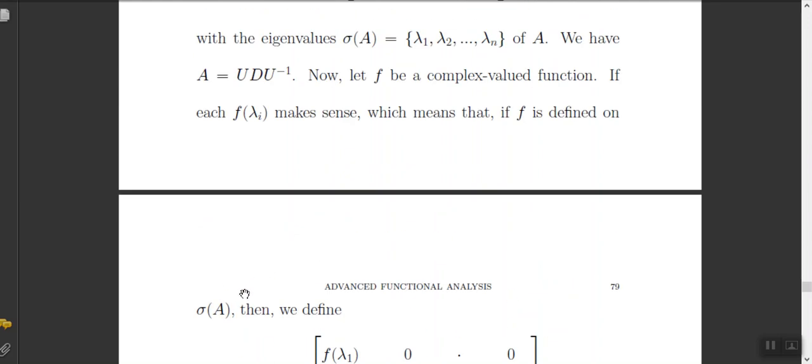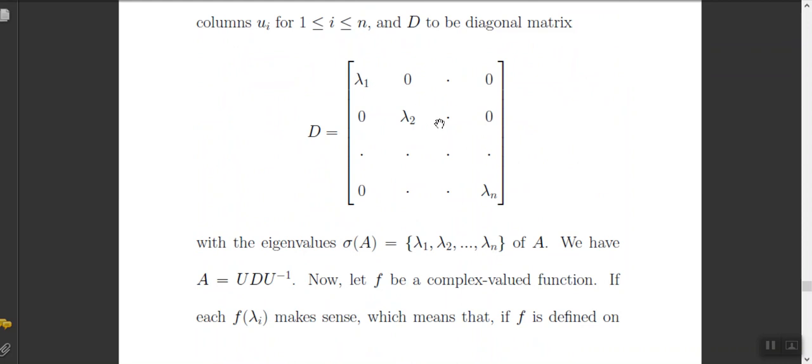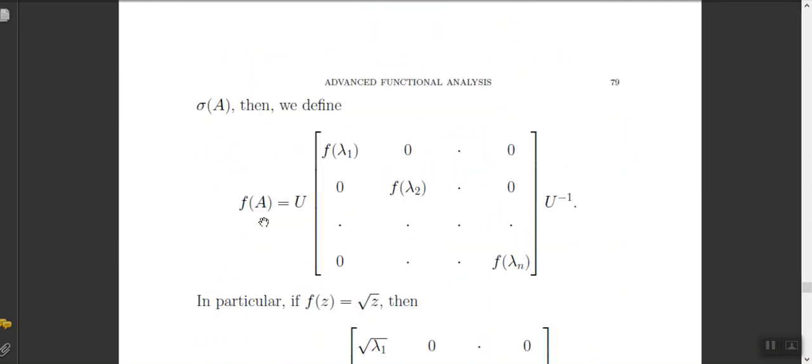Look here. A equals U D U inverse. F of A is defined to be U here, U inverse here, and F moves on the diagonal entries. These are the diagonal entries. So F of A equals U, then F of lambda 1, F of lambda 2 up to F of lambda n, then U inverse.